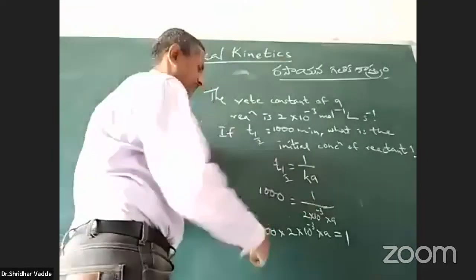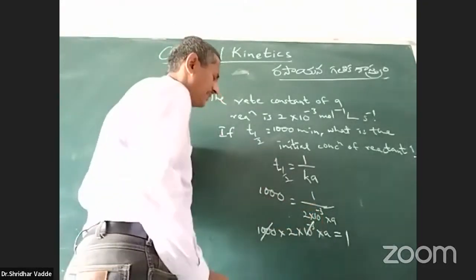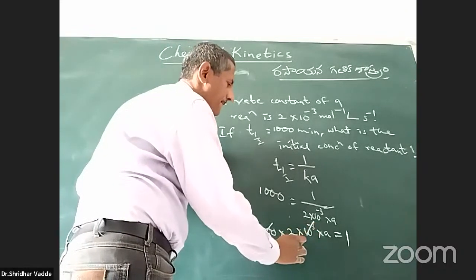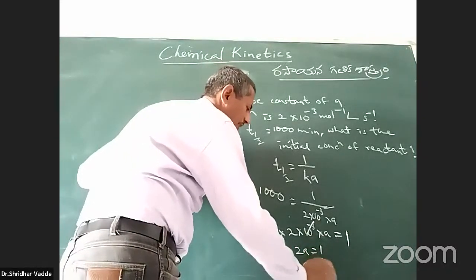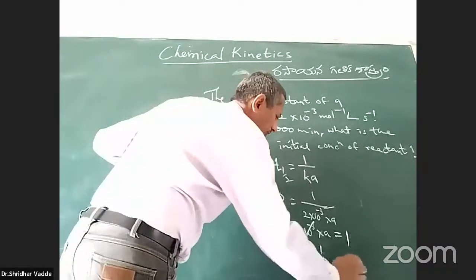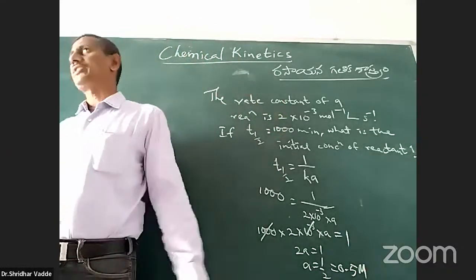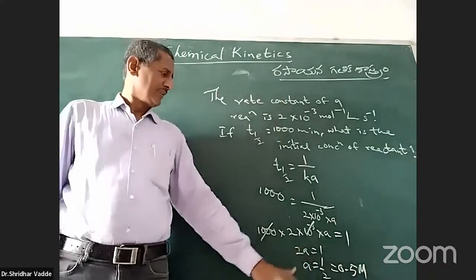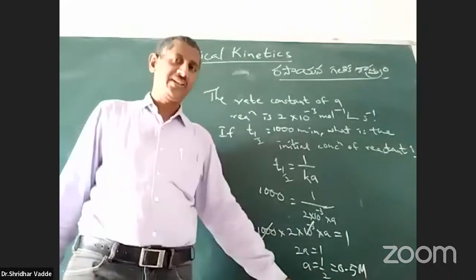Cross multiplication. So 10 cube and 10 minus 3 cancel. So 2A is equal to 1, A is equal to 1/2, which is 0.5 moles per liter. This is the calculation of the initial concentration of the reaction.